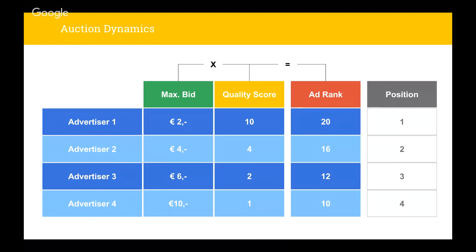To give a second example, advertiser number two is willing to pay a lot more, so apparently it's very important to them to be in this auction, but since their quality score is a lot lower, multiplying 4 by 4 brings you 16, so they're in second position at the moment. Does that make sense? I think it does.